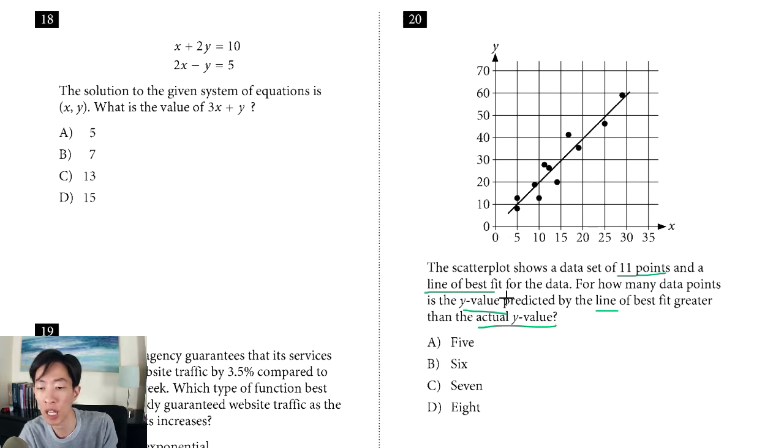They're asking for how many actual points is the y value of the line greater than the dot. So the y value is the vertical. Really what that means is, for how many dots is the y value higher than the actual dot. So basically you just have to count the number of dots below the line. So it goes 1, 2, 3, 4, 5. The answer is A, and that's that.